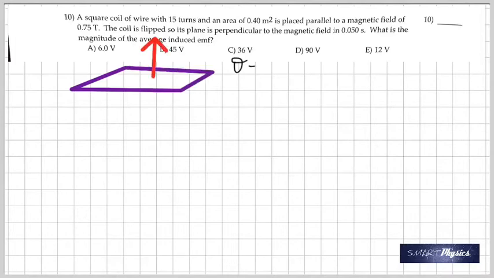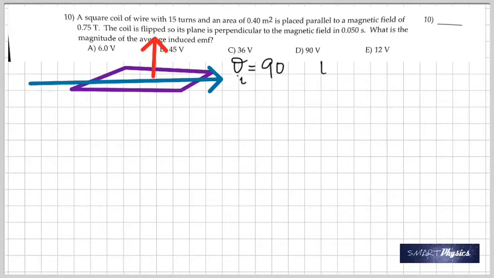So that is the coil initially, and if that's the magnetic field, the plane of the coil is now parallel to the field, but you take the angle always with the perpendicular drawn to the coil. So the angle now between the magnetic field and the perpendicular to the coil is 90.